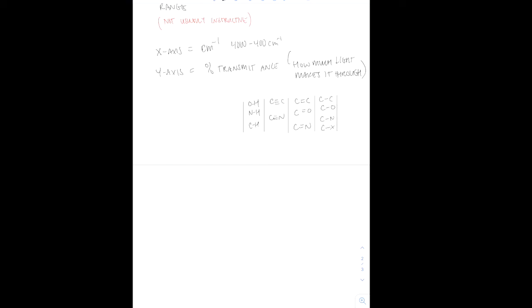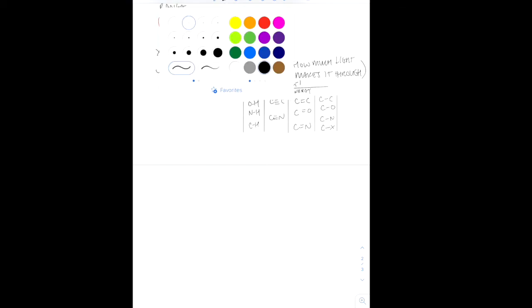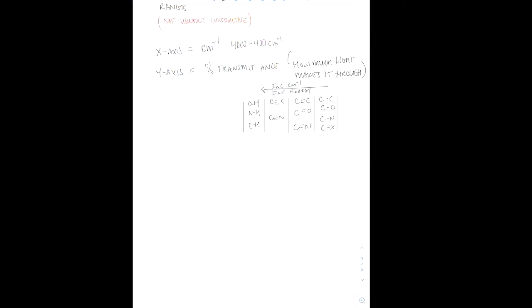Okay. Now, as we go from left to right, we have an increase in inverse centimeters or wave numbers, and we also have an increase in energy, right? So increase in inverse centimeters, increase in energy. Okay, now we can also focus a little bit more closely on what we're actually looking at.